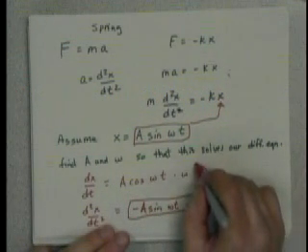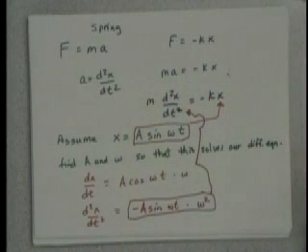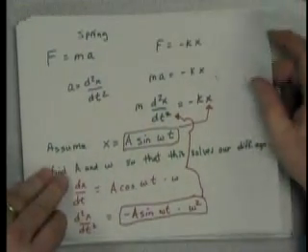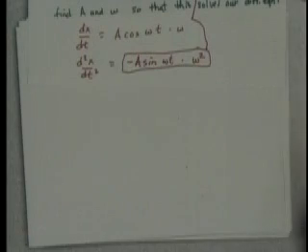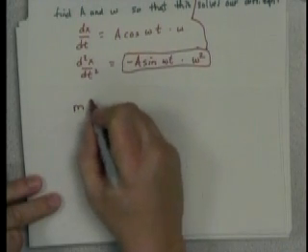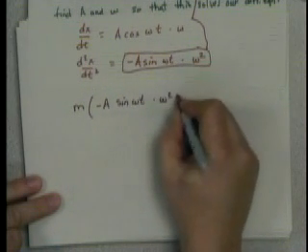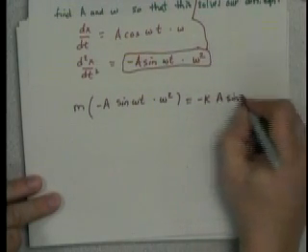Substitute in. So I have m times negative a sine of omega t times omega squared, or w squared, equals negative k times a times sine of omega t.